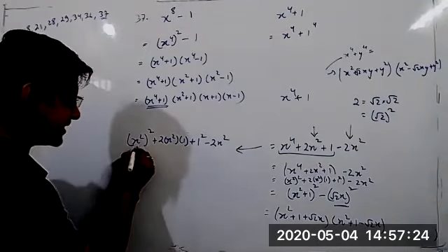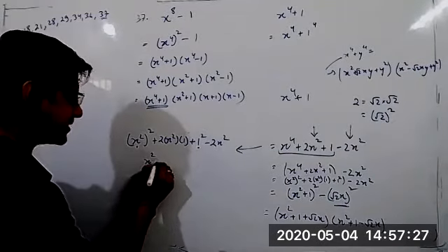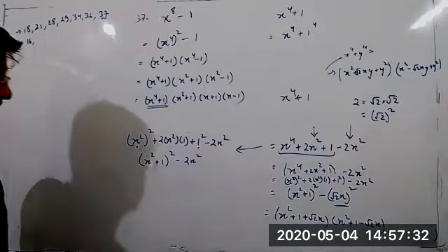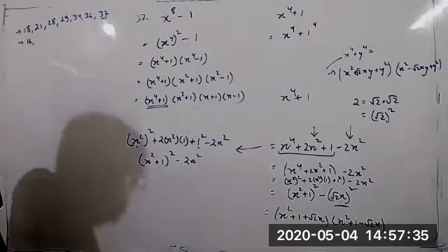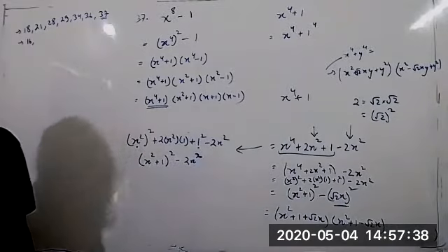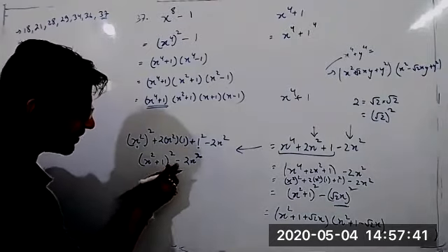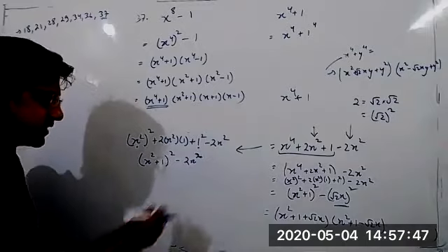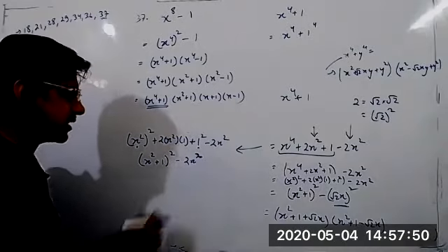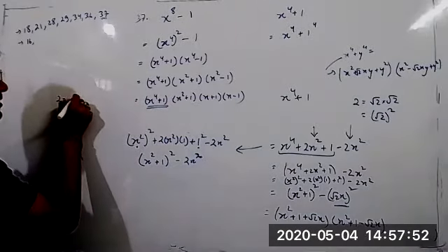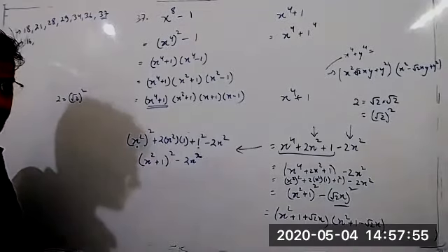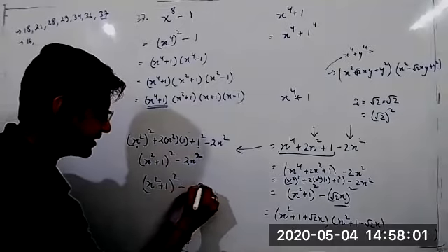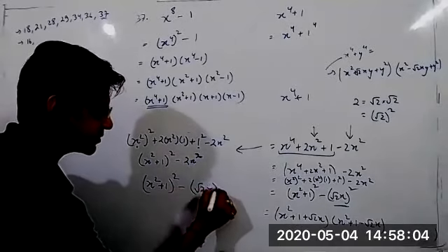Now, can you see this is A, this is B. Can you write x square plus 1 the whole square minus 2x square? Any doubt? No, sir. Now, a square minus 2x square, but it is not whole square because 2 is different than x square. So we have to make something so that we can write whole square. So 2 can be written as under root 2 the whole square. X square plus 1 the whole square minus under root 2x the whole square.